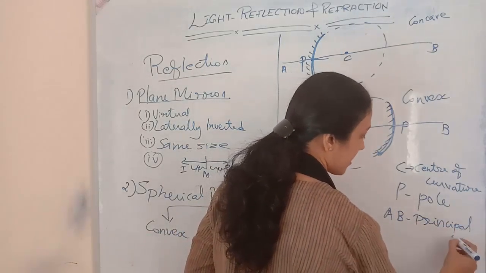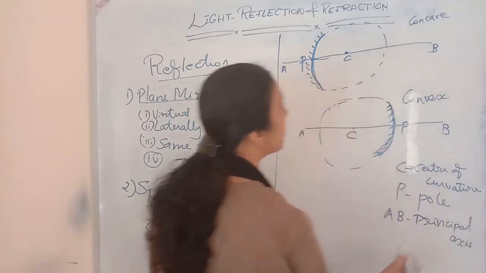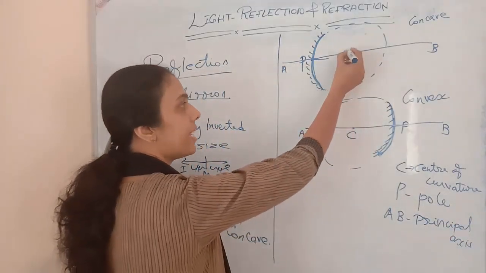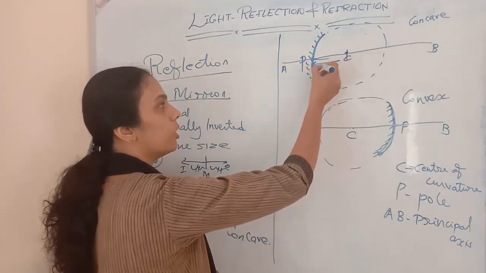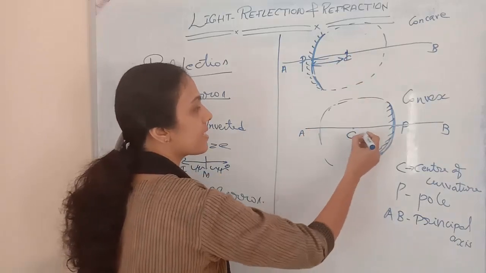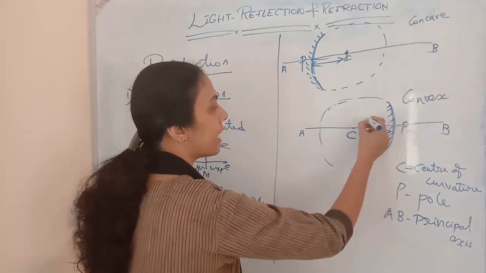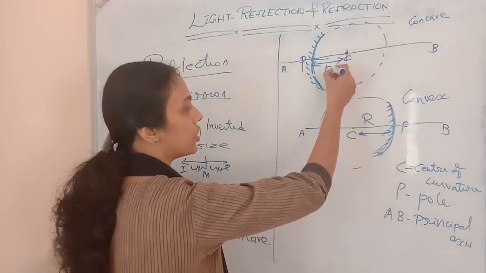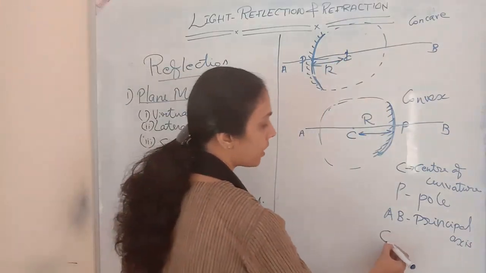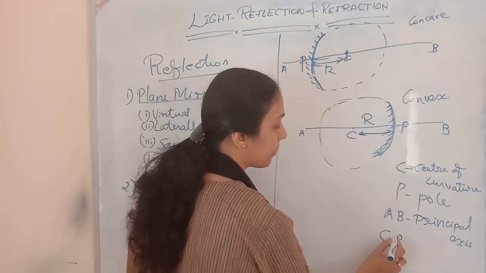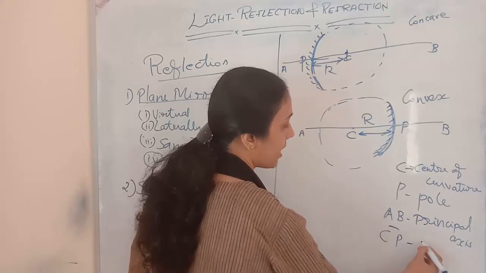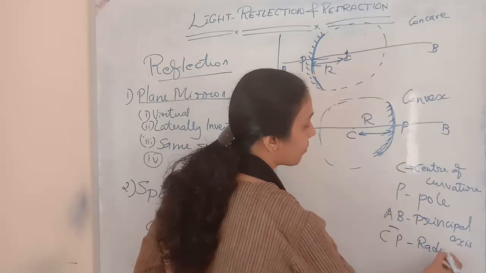Next, the distance from center of curvature to pole, CP, is called the radius of curvature.